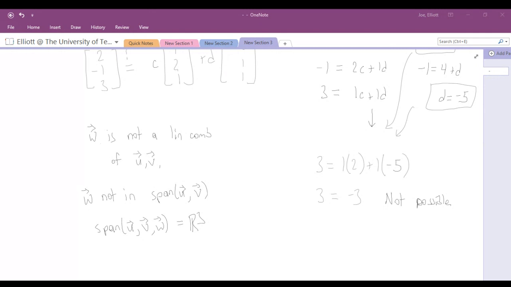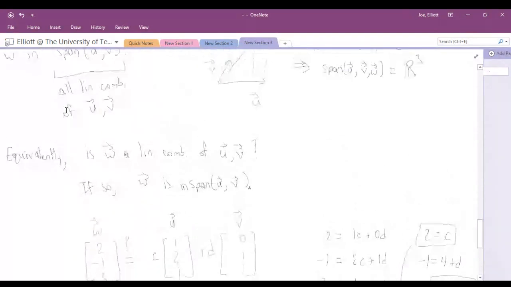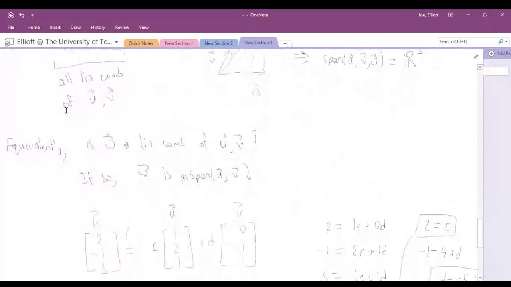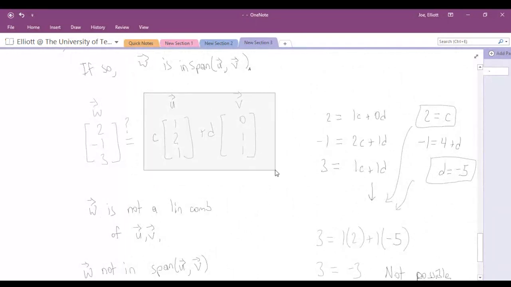You have probably encountered the cross product in some of your classes, perhaps physics, for instance. But none of those products would really help us in this particular problem. We were trying to determine if W was a linear combination of U and V to see if it was inside the plane spanned by U and V. A linear combination was something of the form cU plus dV, and so that's why we're working with that expression. Okay?